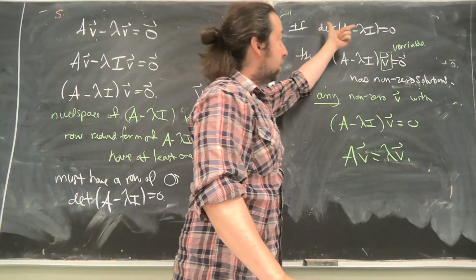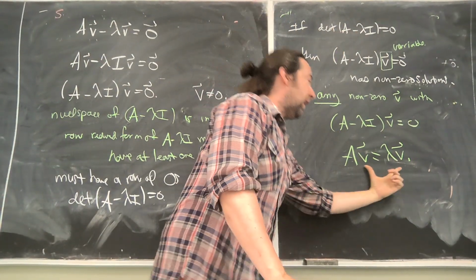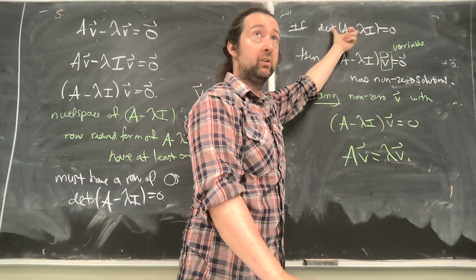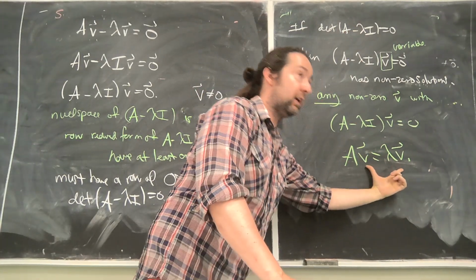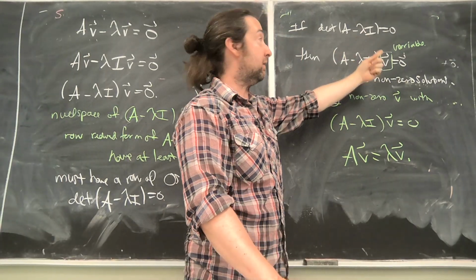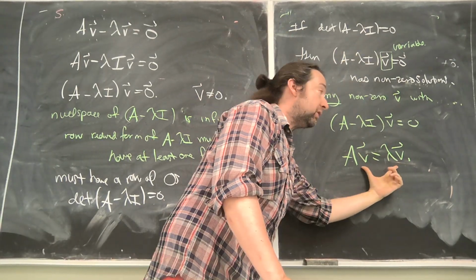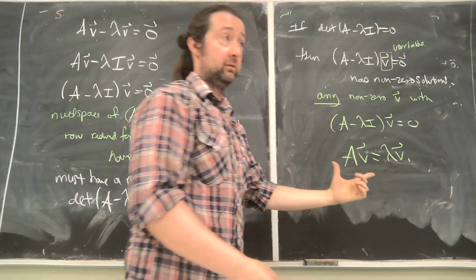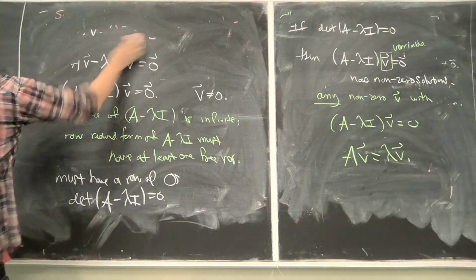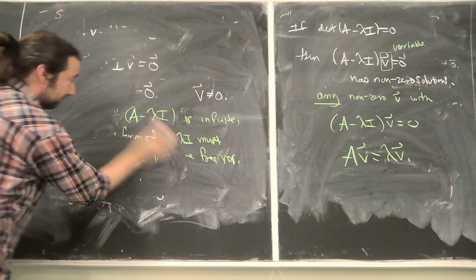If that determinant was 0, then I can find vectors that solve this equation. So this is the condition that we're going to check to find eigenvectors. Solving this equation will tell us the eigenvalues. Solving this equation will tell us the eigenvectors. So that's what the algorithm is going to be. And then we're just going to do a ton of examples of doing it.